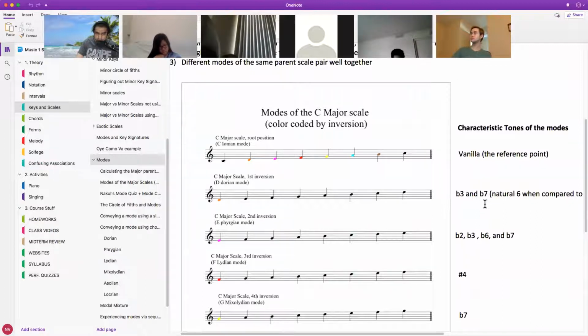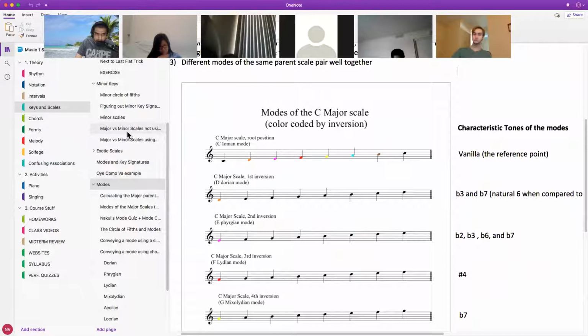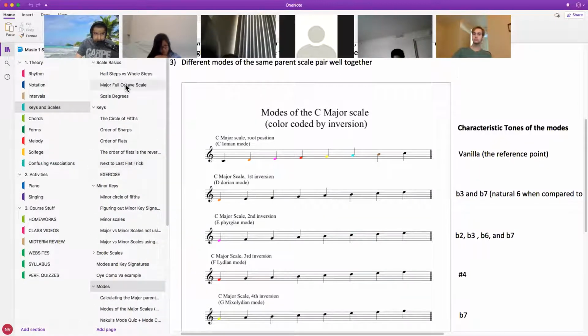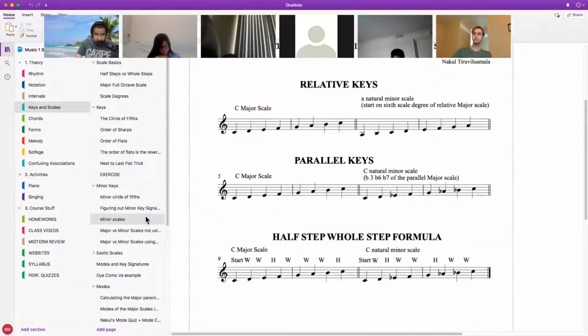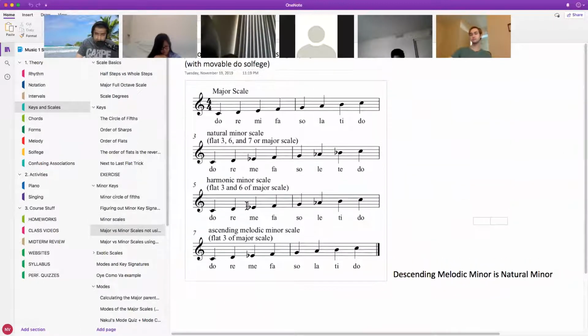We've talked a lot about the different minor scales, right? We talked about C major, C natural minor, right? We talked about how you can flat certain scale degrees, and that gives the characteristic sounds of these different minor scales, right?